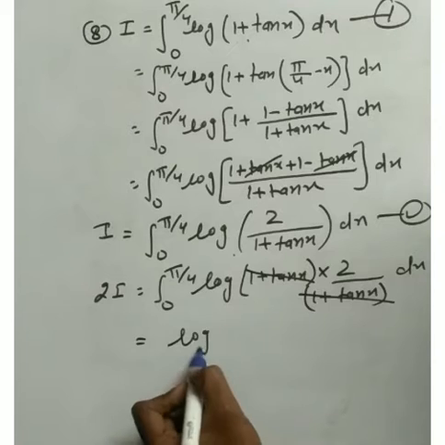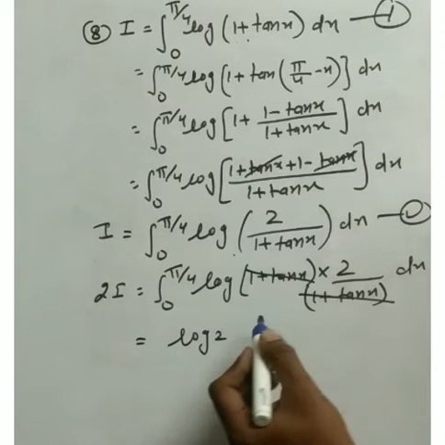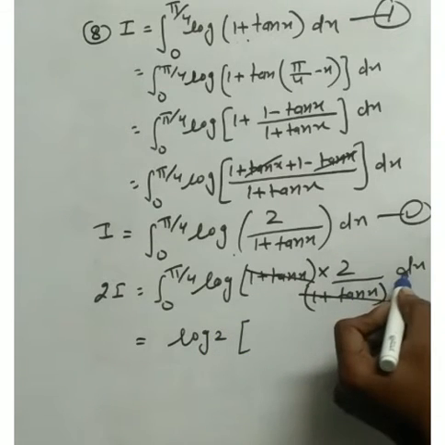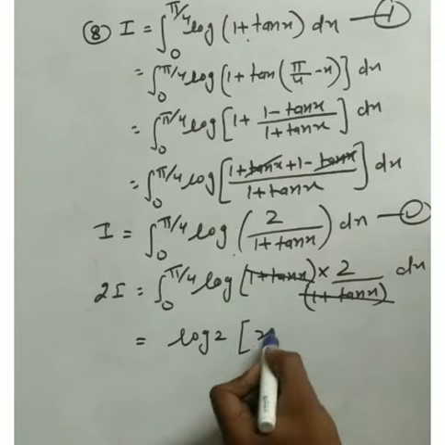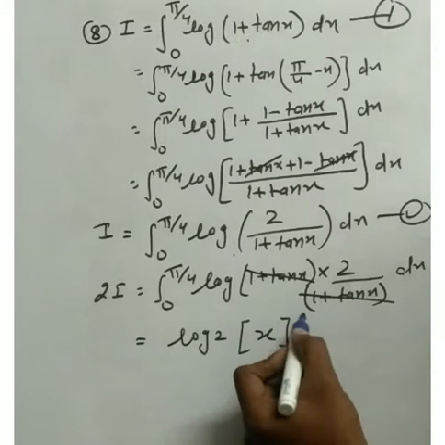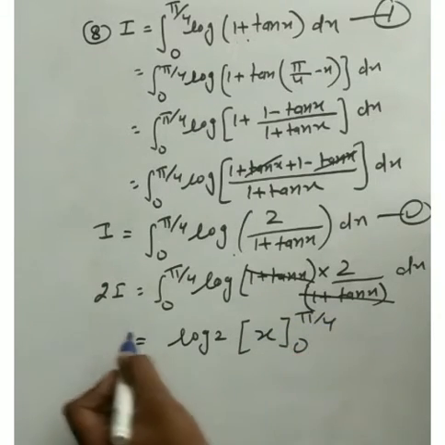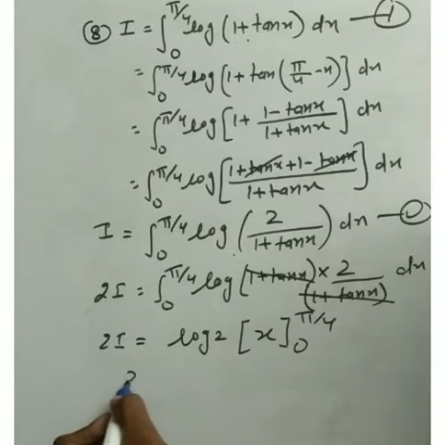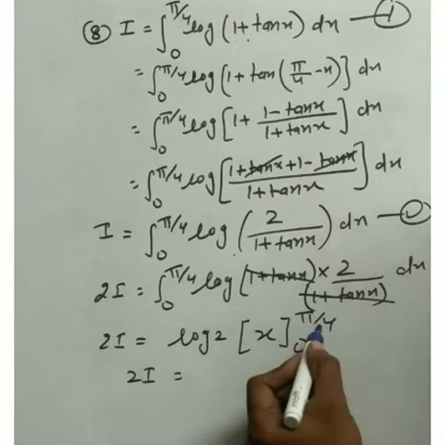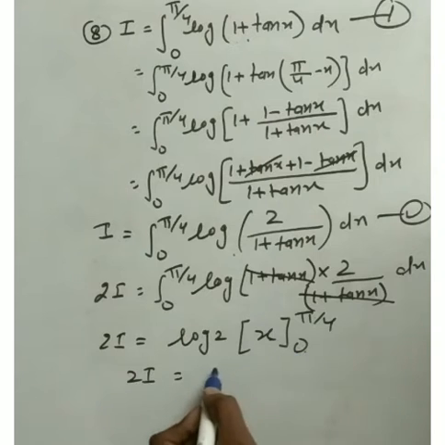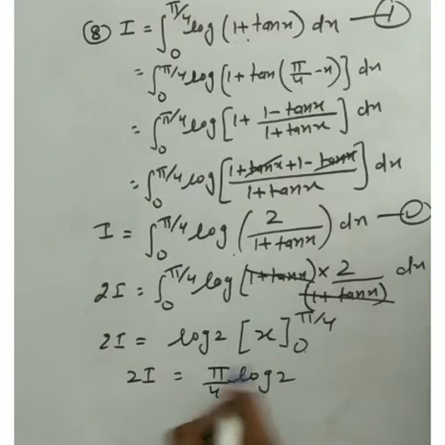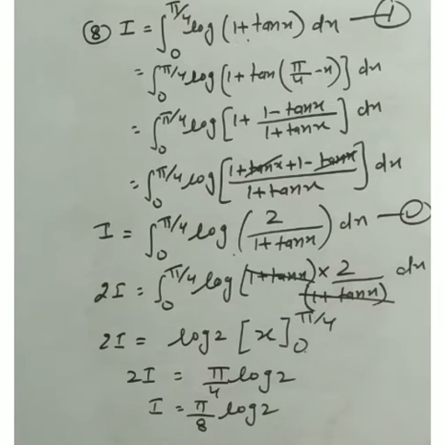Log 2 is constant, so it is taken out of the integration sign. Integration of dx is x. Limit is 0 to pi by 4. So 2I equals pi by 4 minus 0, pi by 4 log of 2. Shift this, I equal to pi upon 8 log of 2. This is the answer.